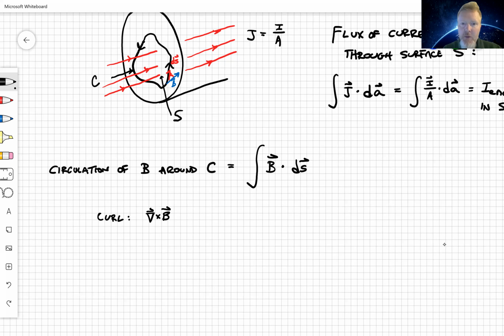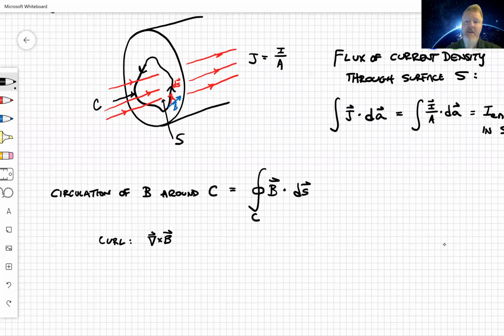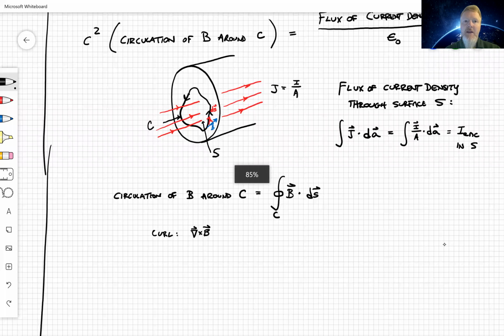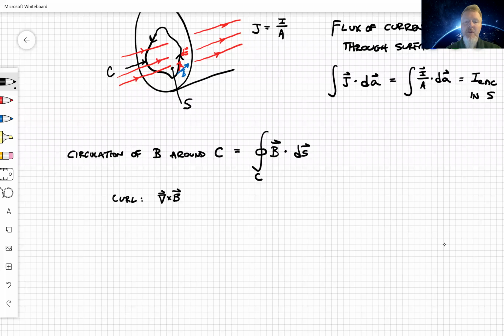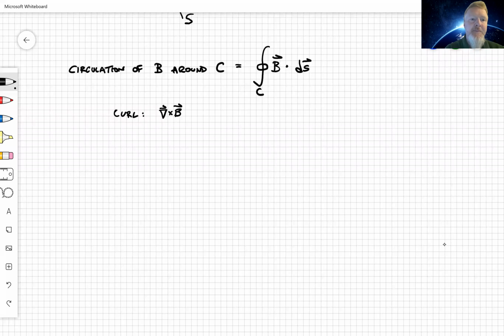All right, so what we need to do is go all the way around curve C. So B dotted with ds, there's your circulation around C. Then mathematically, our entire thing here would look like the circulation of B around C equals the I enclosed divided by epsilon naught.